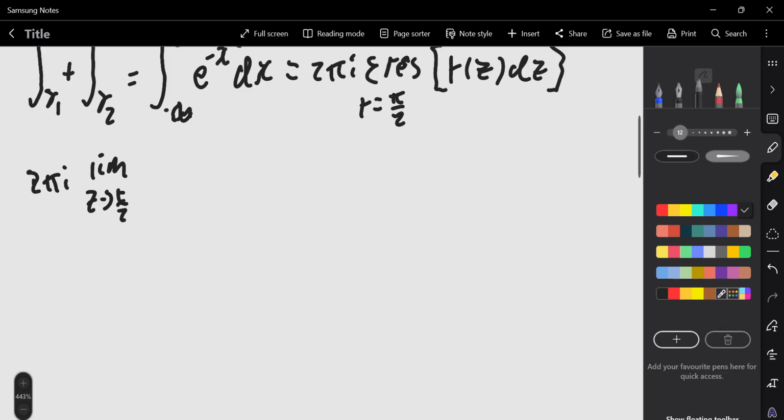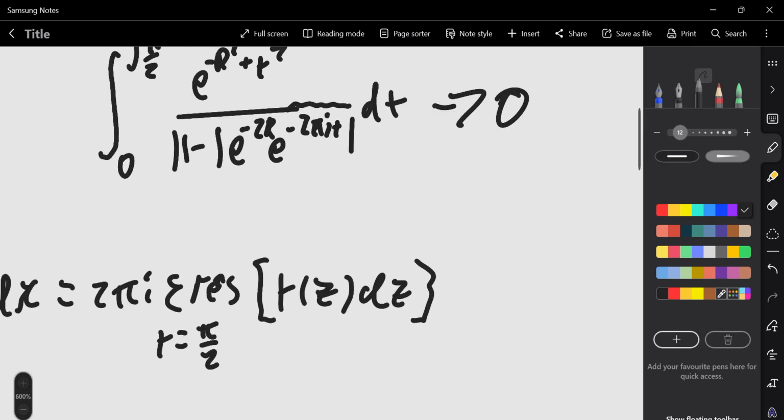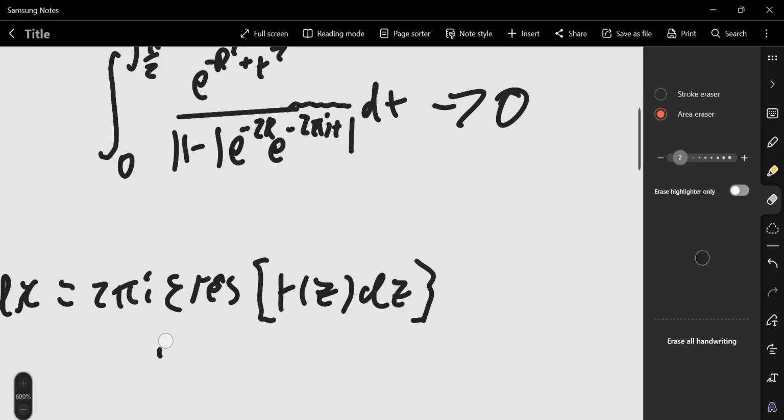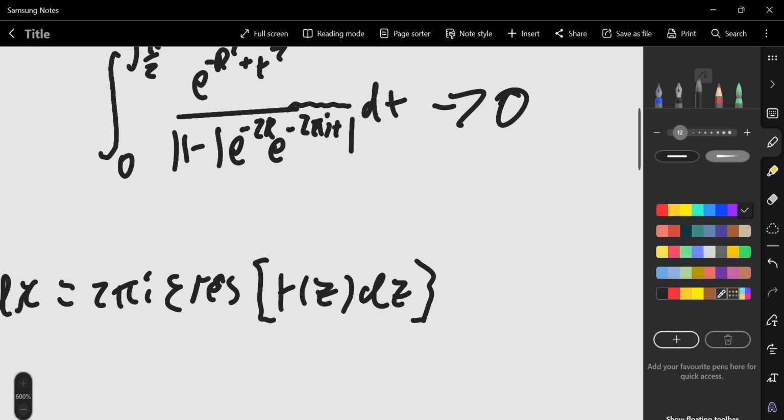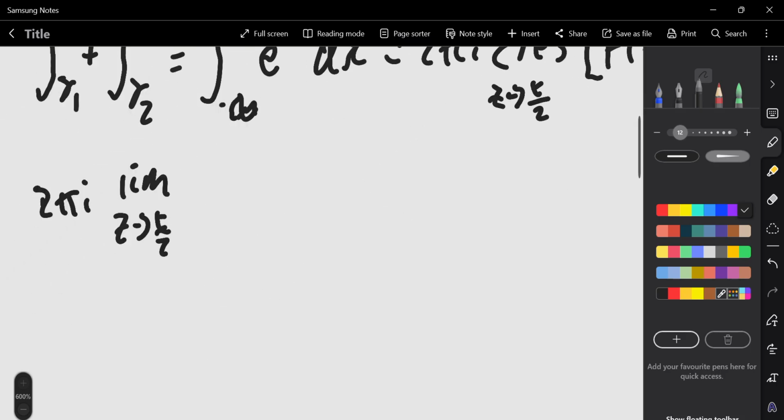Did I write pi over 2? Oh, dear. I'm genuinely geek. This should say t over 2. That's what we worked out, not pi over 2, did we?